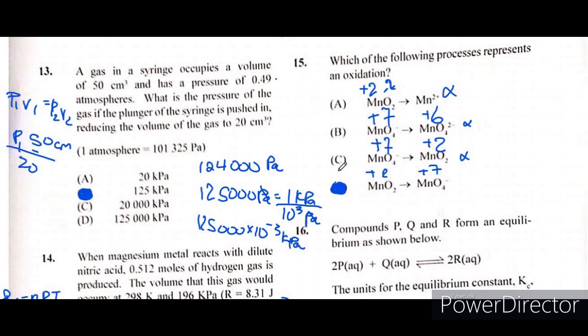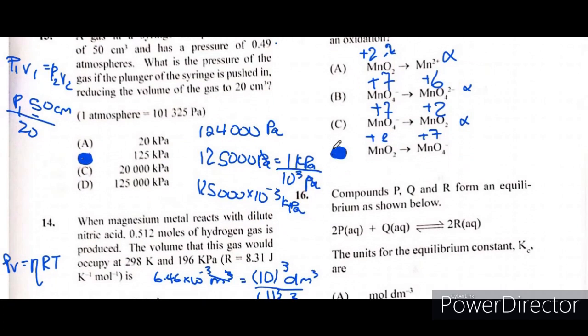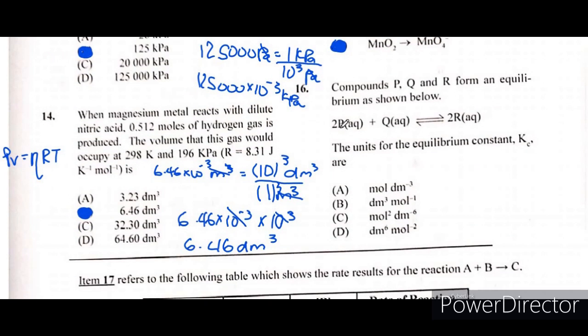Yes, so let's go down to number 16. It says compounds P, Q, and R form an equilibrium as shown below. Now 2P aqueous and Q aqueous changes to 2R aqueous, and it could be reversed.